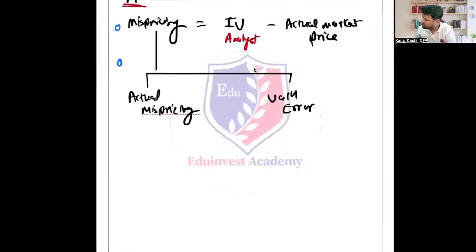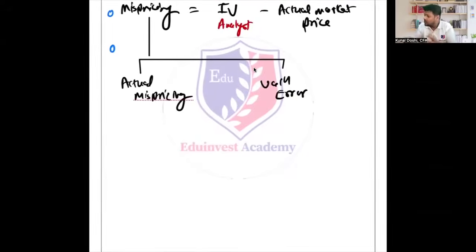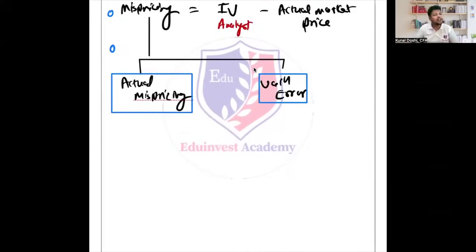Valuation error basically focuses on the fact that the analyst can be wrong. The analyst-derived intrinsic value may be based on the fundamental knowledge that the analyst has. He's a CFA or she's a CFA and she did the valuation. But how do we know that the analyst's intrinsic value is the same as what it should be? That is valuation error.